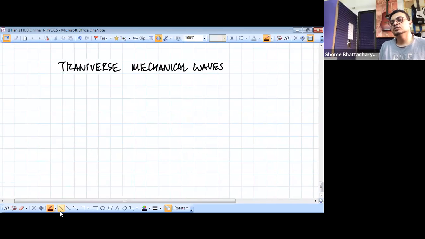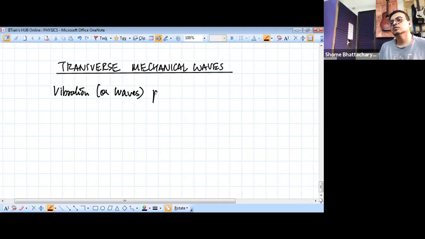So we saw two examples of this earlier: vibrations on a string and also the waves on the surface of a liquid. Now, in our particular chapter of study, we will be studying transverse mechanical waves as vibrations or waves propagating along a stretched wire.